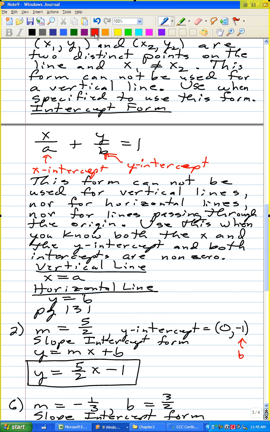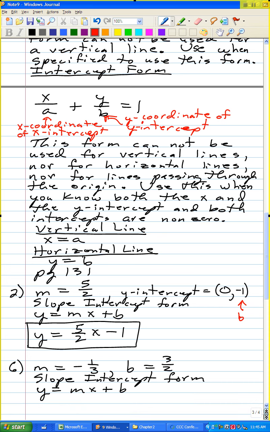So this is actually the x-coordinate of the x-intercept, and this is actually the y-coordinate of the y-intercept. Okay, so that's the usual notation for lines.